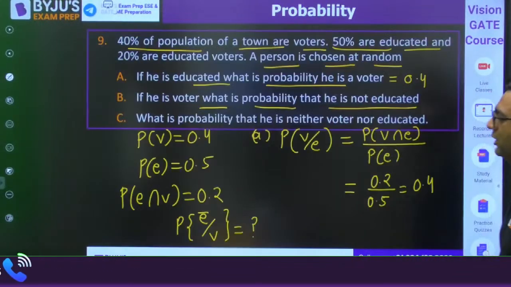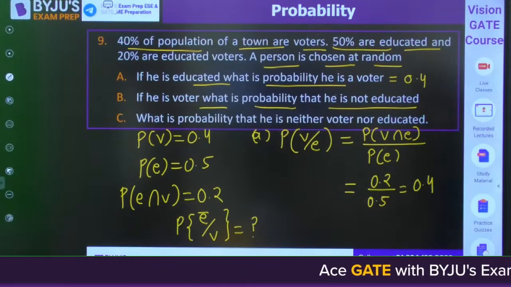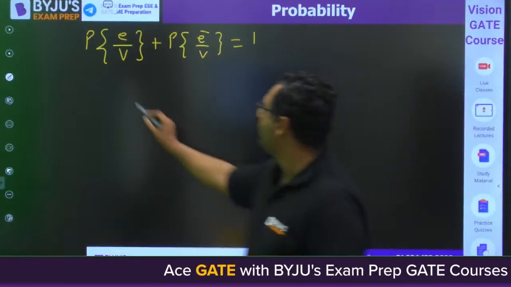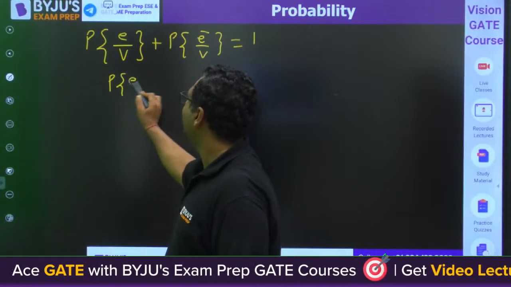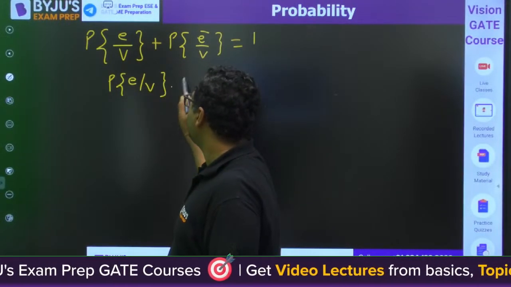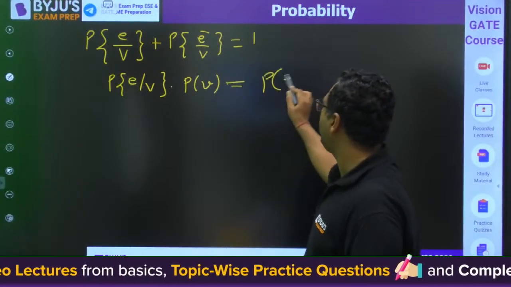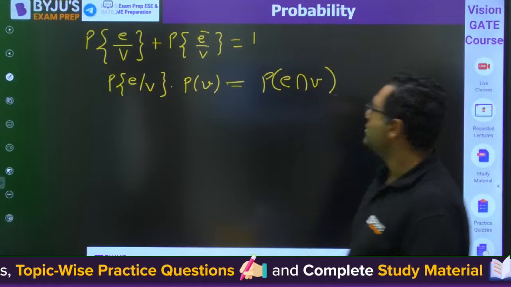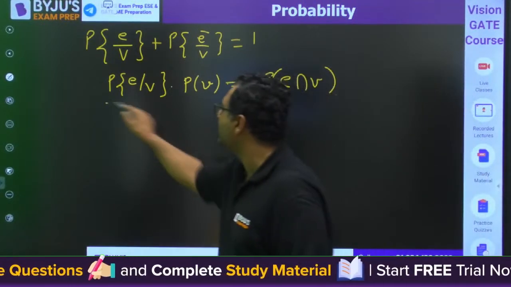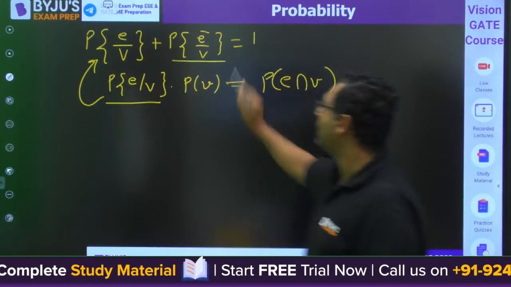So if you know probability of E by V, you can answer it. So you need to find out probability of E by V. That will be probability of E intersection V divided by probability of V. So first of all, from here you can find out this, put it here and get the answer.